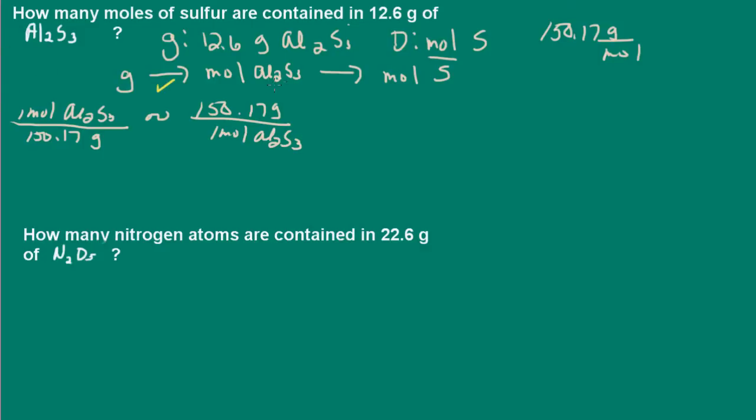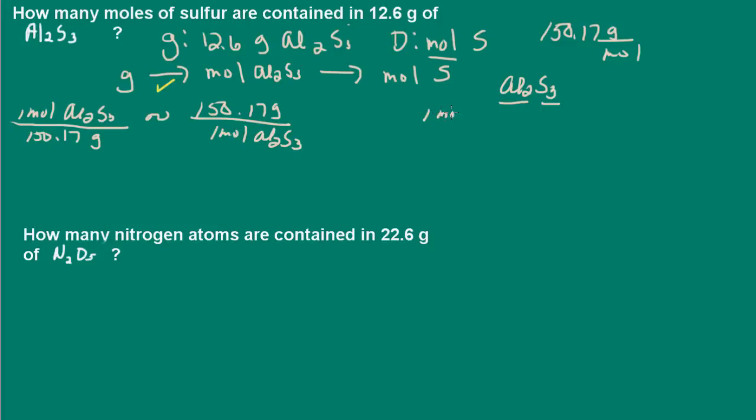So now let's figure out how do we go from moles of aluminum sulfide to moles of sulfur. Well, if you look at the formula of aluminum sulfide, and I'll write that here, for 1 mole of aluminum sulfide, we have 2 moles of aluminum and 3 moles of sulfur. See, it's these subscripts that determine the number of moles in 1 mole of compound. So I can write out a conversion factor for that.